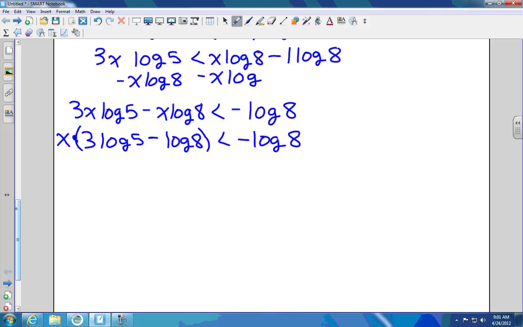We took the x out. If you distribute it back in, then you're going to undo the step you just did. So we got the x here by itself. We're going to divide this stuff out of here. What's that going to leave? The x. So our goal has been accomplished.